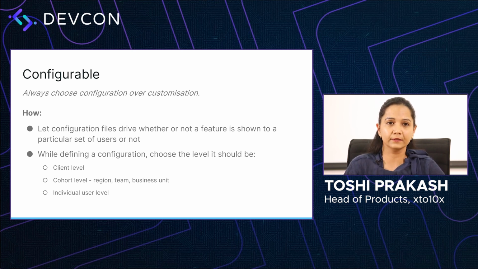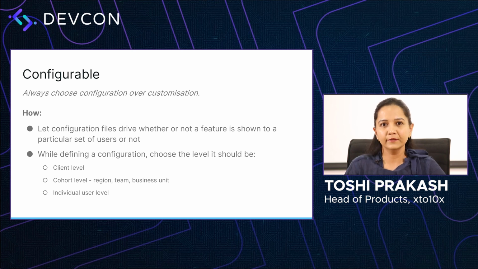Configurations can be defined at a client level, at a cohort level, and at an individual level as well. Typically outcome-related settings, language, nomenclature, and other such settings, you would want to keep at a client-level configuration. This ensures that there is consistency amongst all the users of that company also.